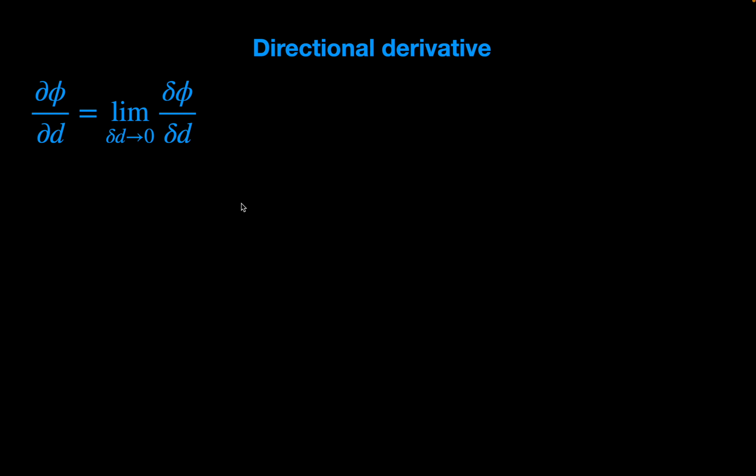We can write del phi upon del d equals limit delta d tends to 0 of delta phi upon delta d, which equals limit delta n tends to 0 of delta phi upon delta n divided by the dot product of d cap and n cap. Here we change the variable delta d to delta n.